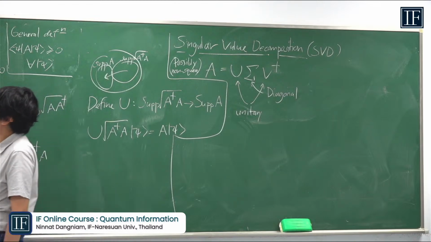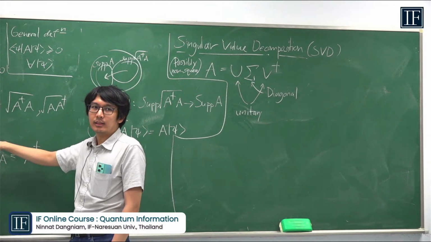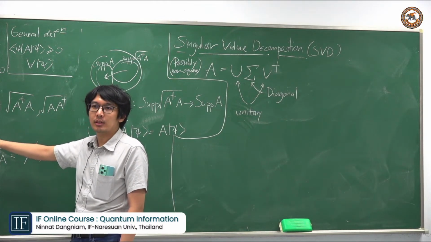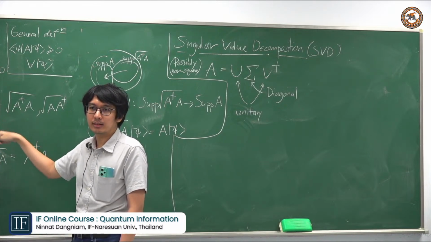Yeah, I mean, you're right that P has to be identity, right? Because P is this, and if your A is already U, then this is just the identity, by definition.